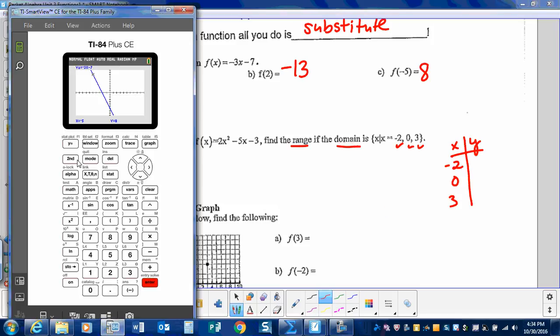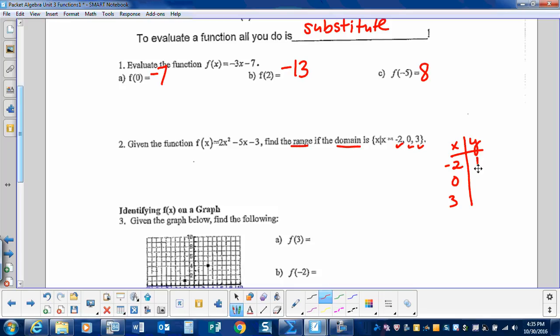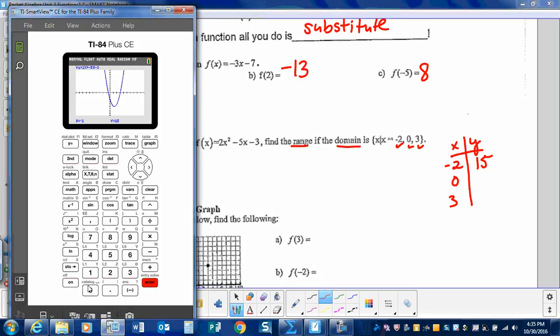So another easy way to do that is to go into your calculator and type y equals 2x squared minus 5x minus 3. Again, we could trace. When x is negative 2, y is 15. When x is 0, y is negative 3.